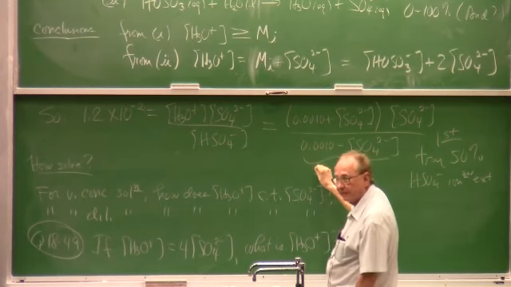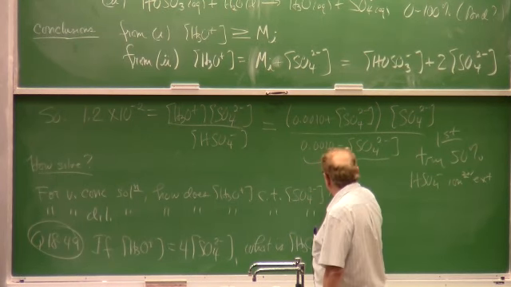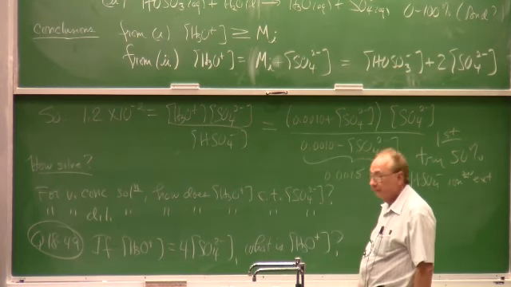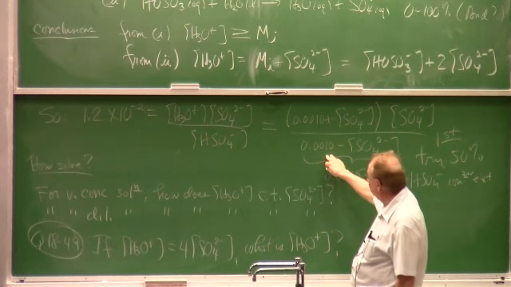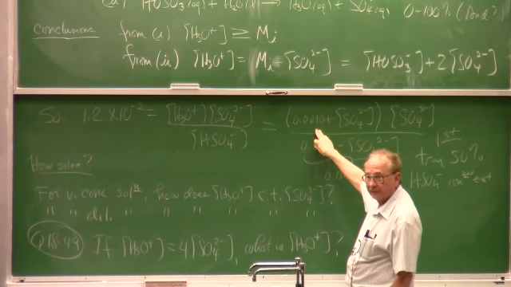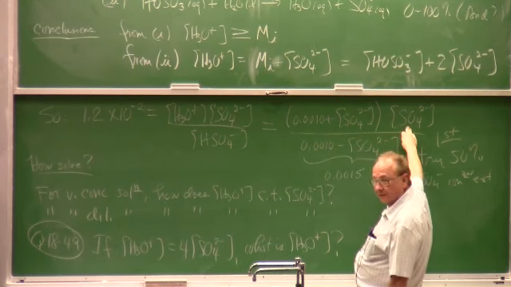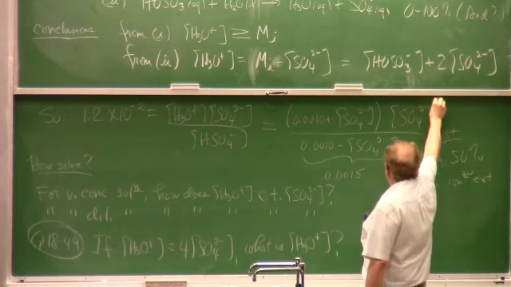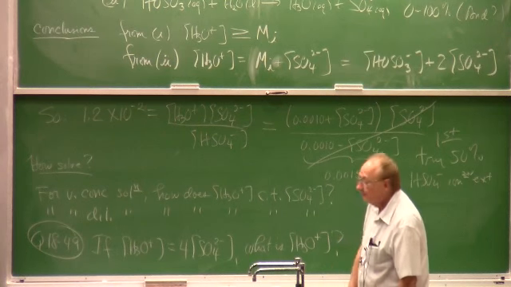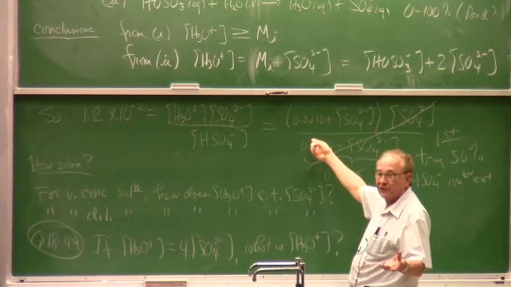What's it become? I'm listening. 0.015. Of course. This becomes 0.0005, and this becomes 0.0015. Here. And this is 0.005. So, at 50% ionization, this is what you got. All the time. All right? So you take half of M sub I, add it to M sub I, and that's your 50% value.